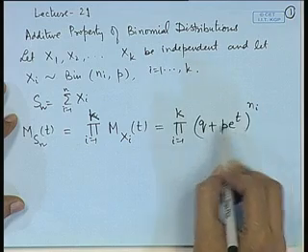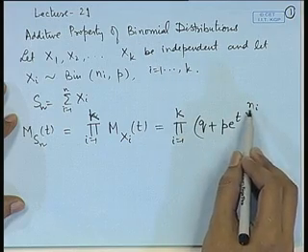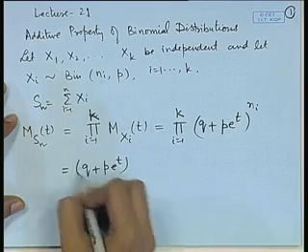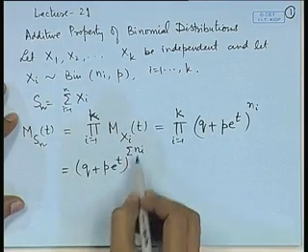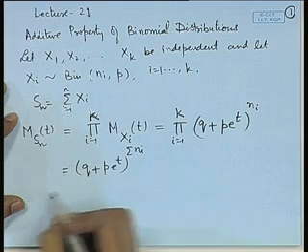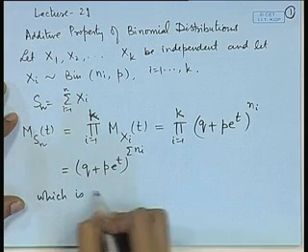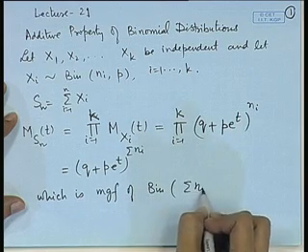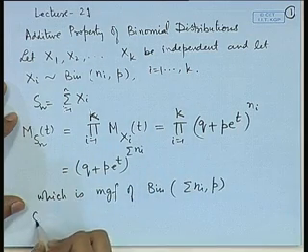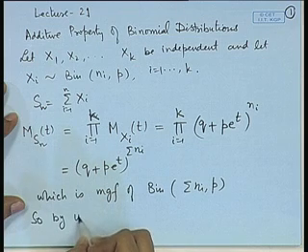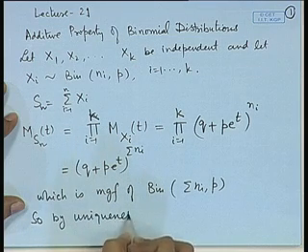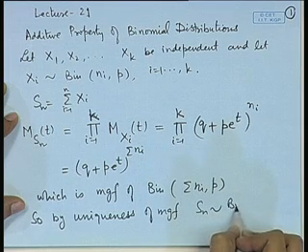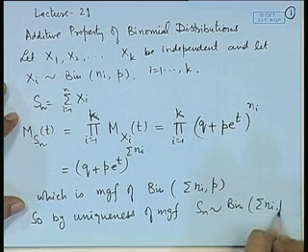Now, since the term is the same, the powers will be added up and it becomes (q plus p e to the power t) to the power sigma ni, which is the MGF of a binomial (sigma ni, p) distribution. So, by the uniqueness property of the MGF, S must follow a binomial (sigma ni, p) distribution.